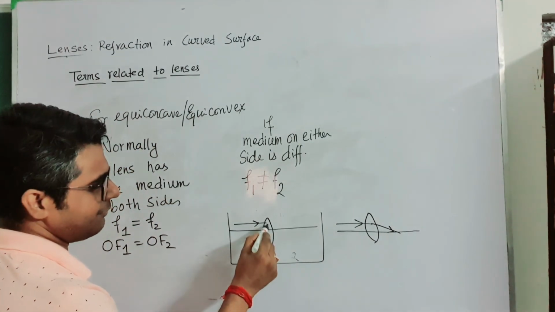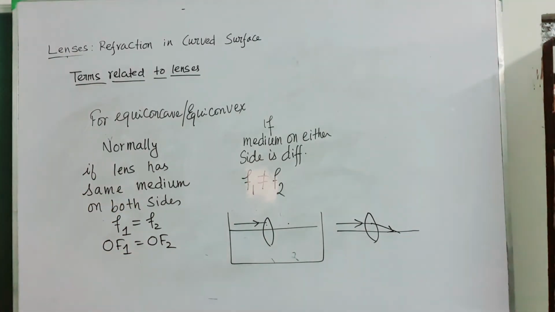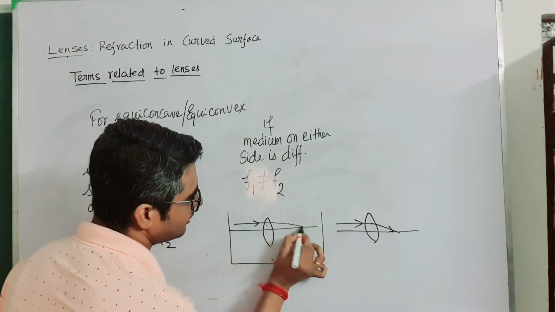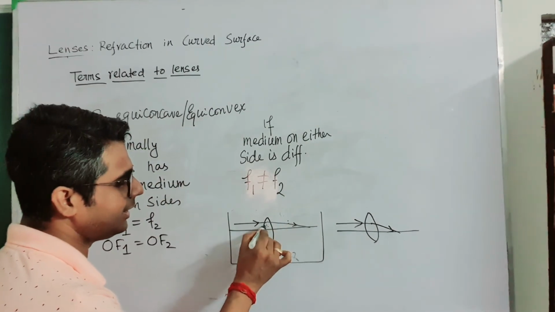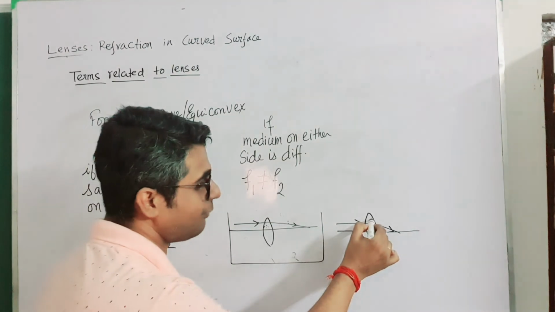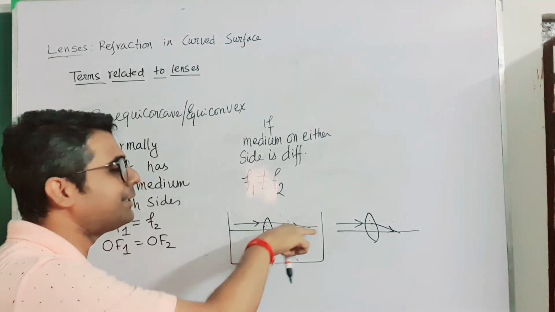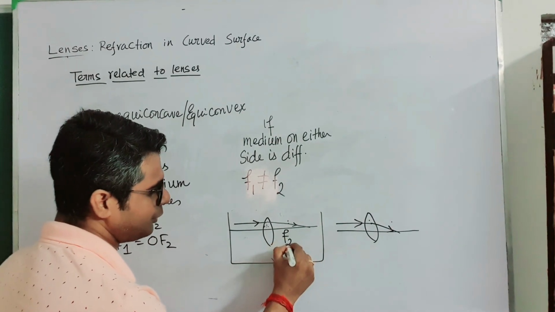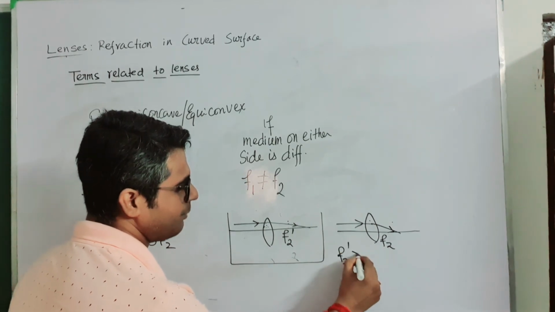In case of this refraction, glass and water have a lesser difference in optical density than glass and air, so this will bend less. If it bends less, it is going to meet the principal axis at a larger distance. So suppose here there is some f2 dash, and here we are getting some f2. Definitely f2 dash will be more than f2.